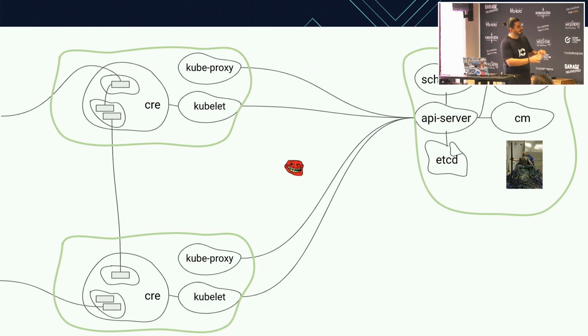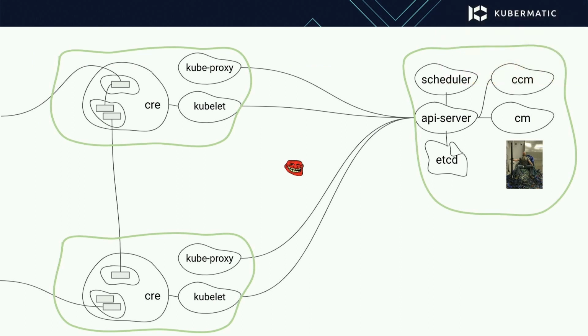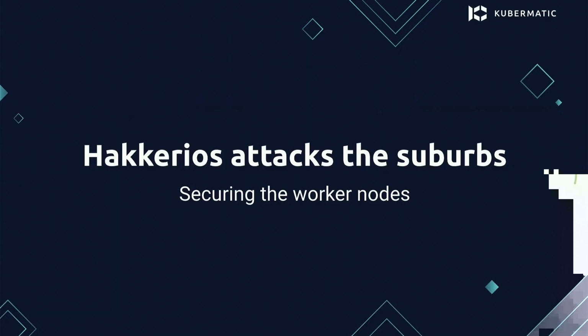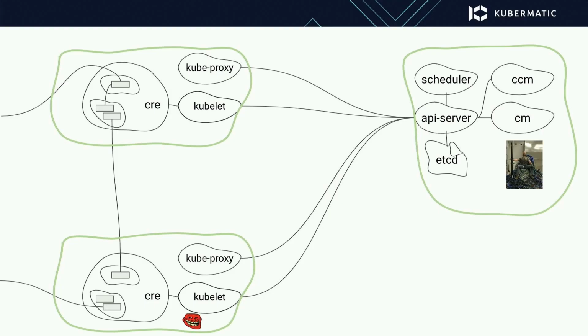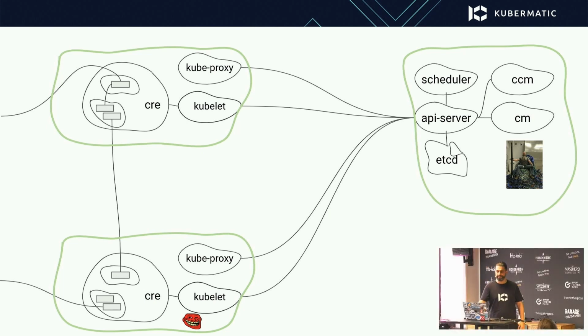So now we have the firewalls around the cities, the green ones. Hackerius cannot attack now. But he decides to attack the suburbs, and we need to secure the worker nodes. On the worker nodes, the component that acts as a server or as an API is kubelet.